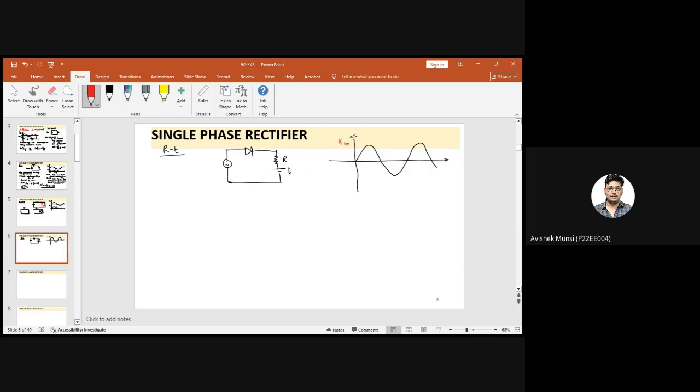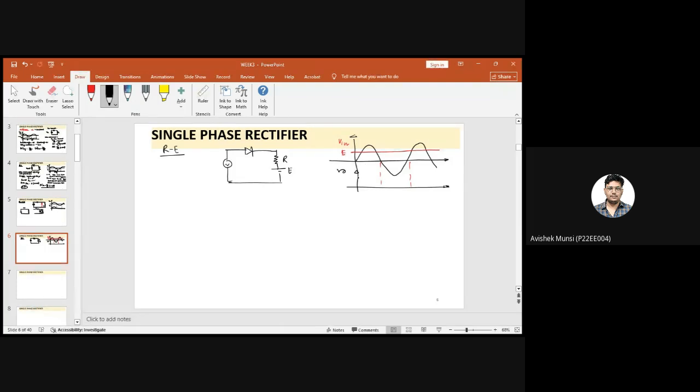Consider V in. Let us consider that this is the value of E. Up to E, the voltage difference will be zero, so it will not conduct.